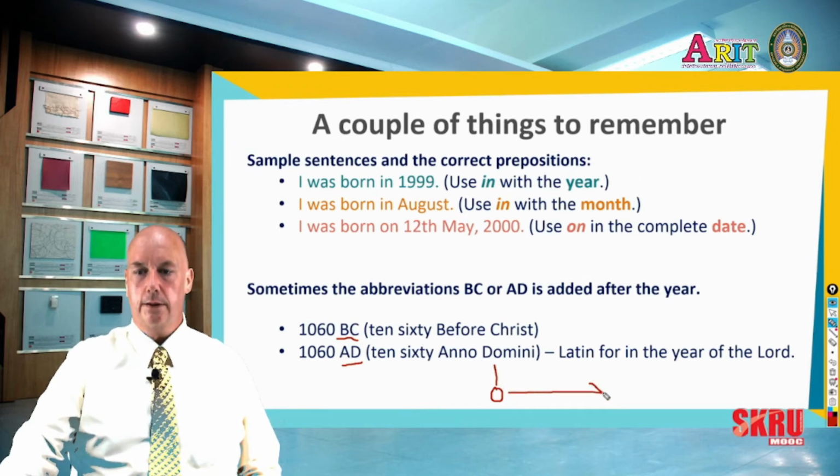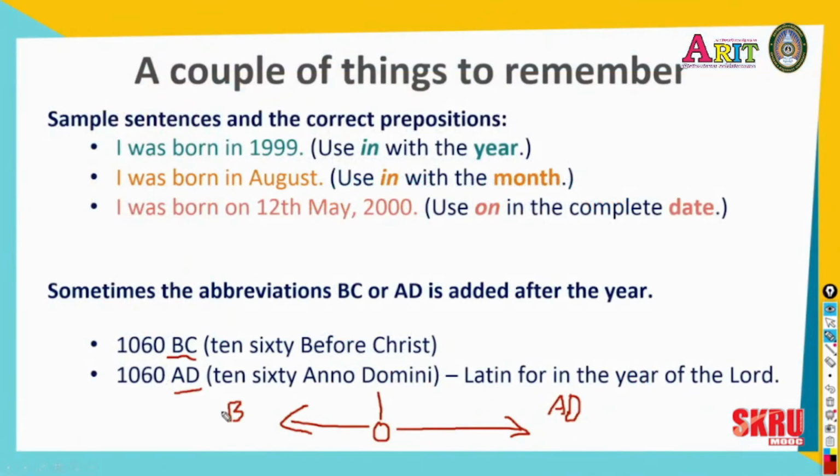Everything after that in the future is AD. So this year is 2021 AD. As we go back, it's BC. And we count backwards.